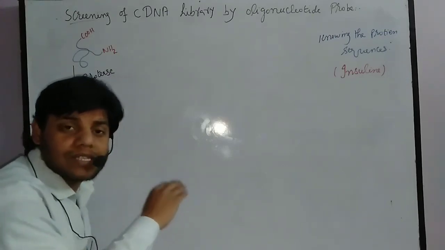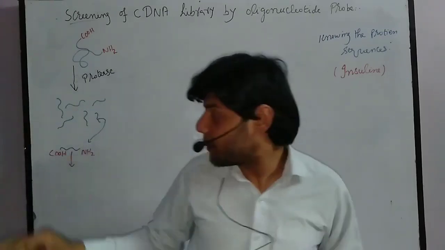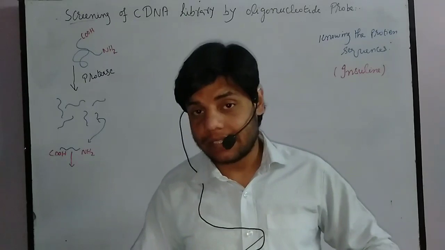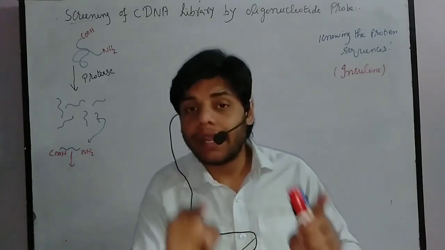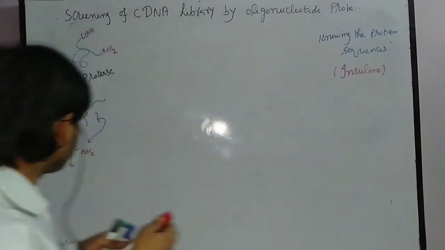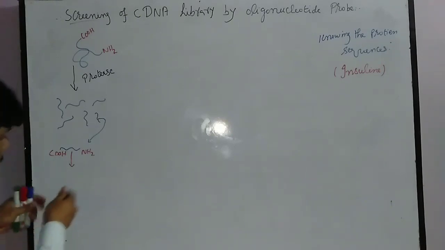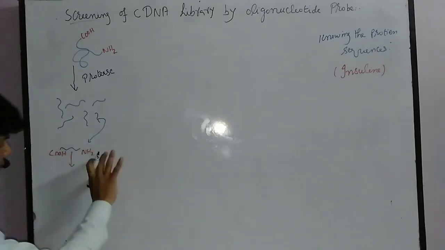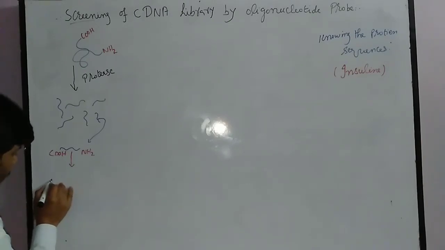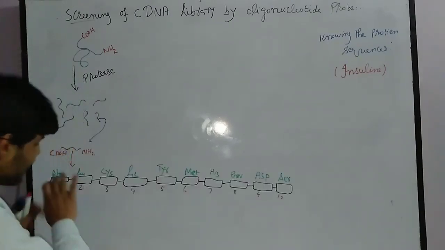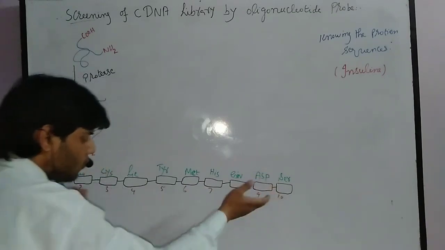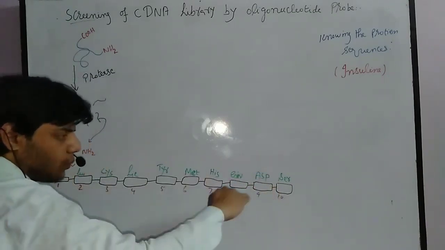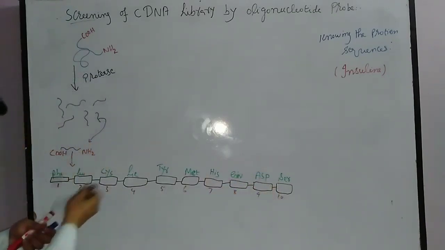These peptides are then sequenced according to the Edman degradation process. So according to Edman degradation, we make the sequence of this peptide. For example, let's say this is the peptide, and it is now sequenced according to Edman degradation.